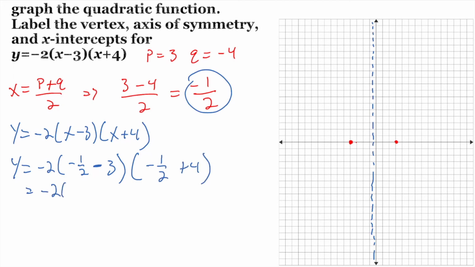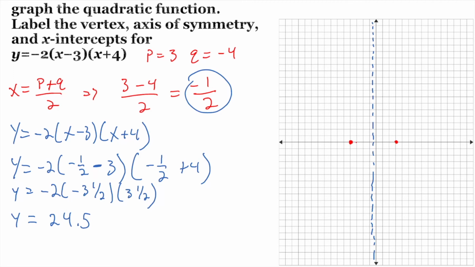Simplifying this to negative 2 times negative 7/2 times 9/2, which is 24.5.